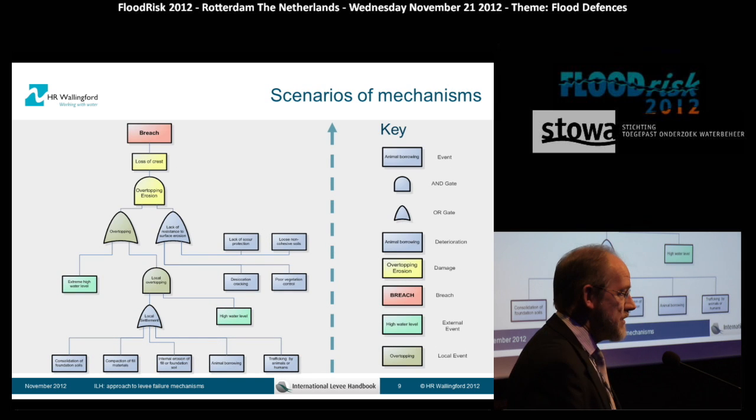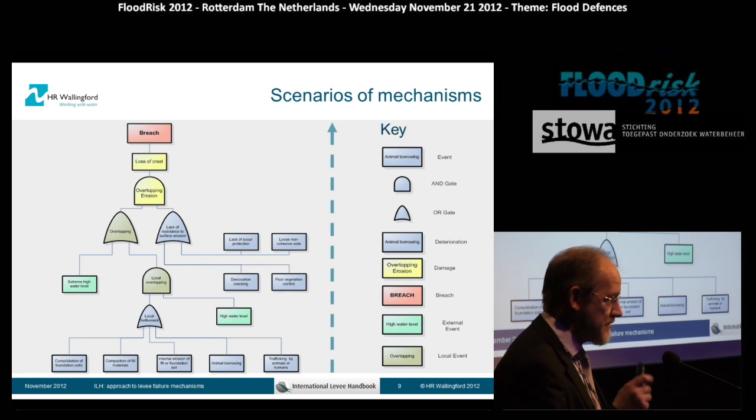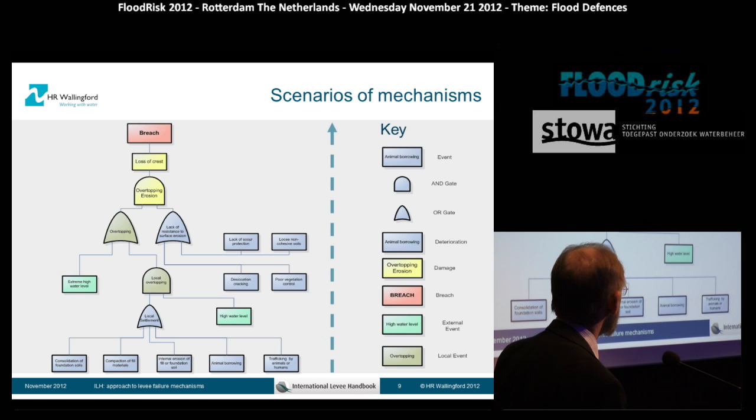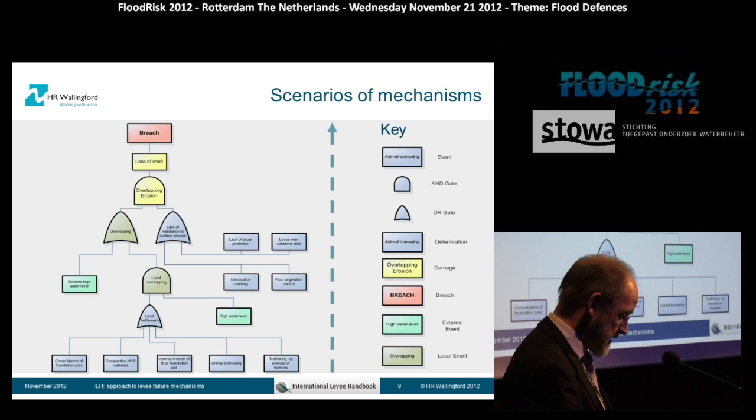And of course we don't live in a simple world where we've just got one mechanism, or even a situation where we can say it's either mechanism A, B or C. In reality we've got chains of mechanisms happening, and this is one example of a flow chart you might describe, but I won't call it an event tree or a fault tree, a flow chart that shows how these various processes can link together.